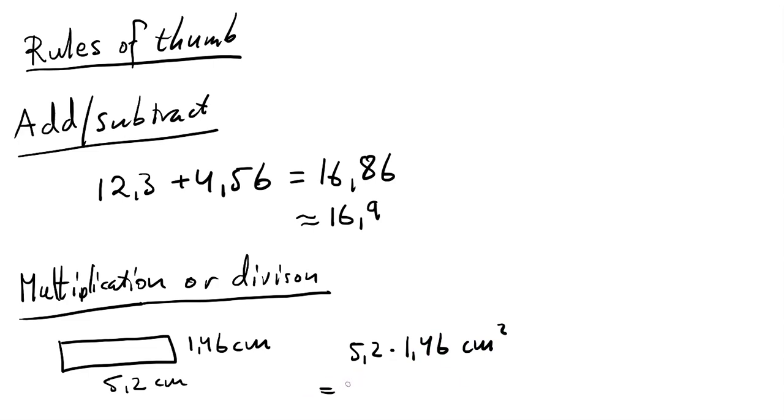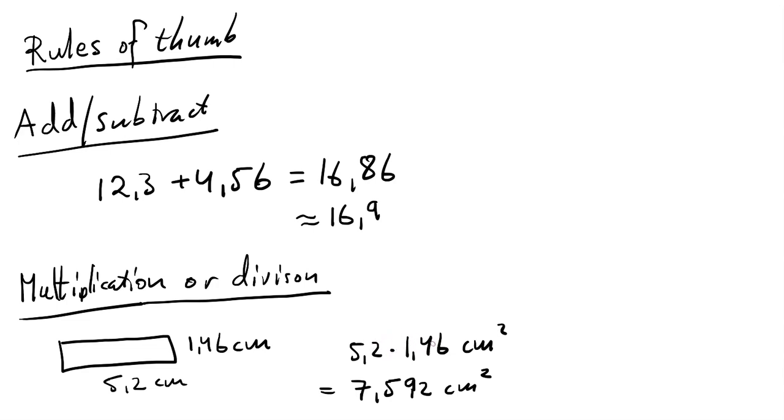And if you calculate this, it will give you 7.592. How many decimals should you answer here? According to the rule of thumb, you should look at the one that has the fewest significant figures.